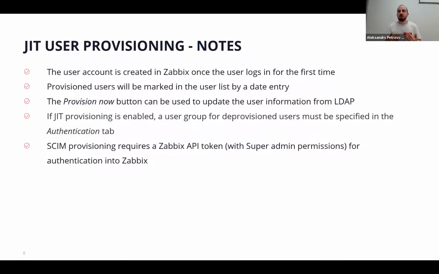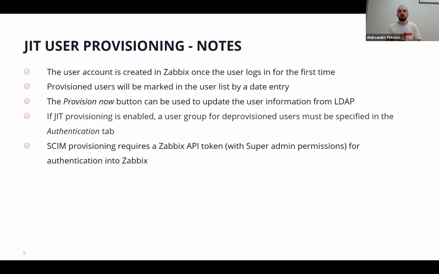And to make sure all the changes that you apply in LDAP and Active Directory will also be reflected in Zabbix, you now have the Provision Now button, by clicking on which the user information will be updated. And I bet you will take advantage of just-in-time user provisioning.